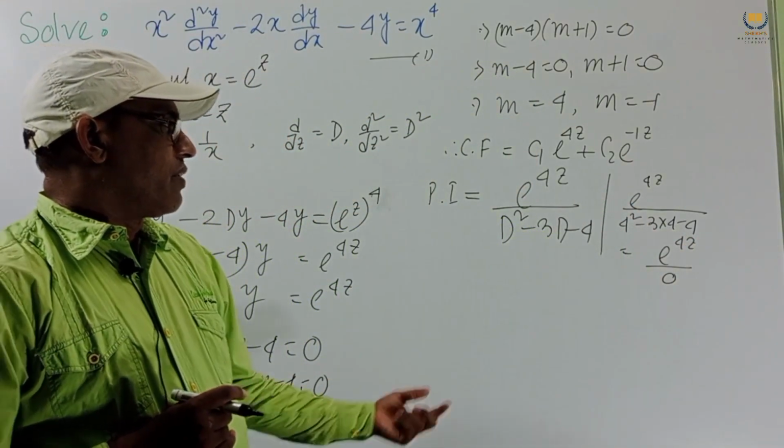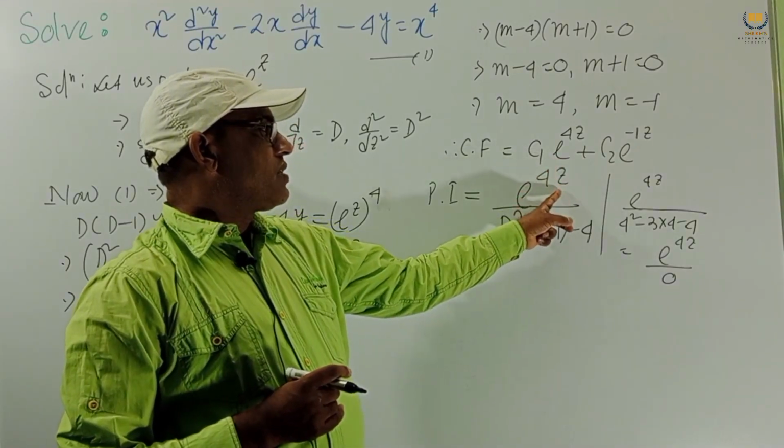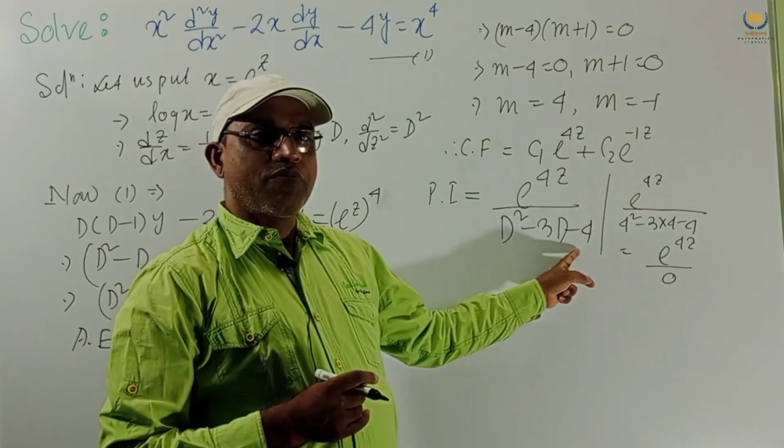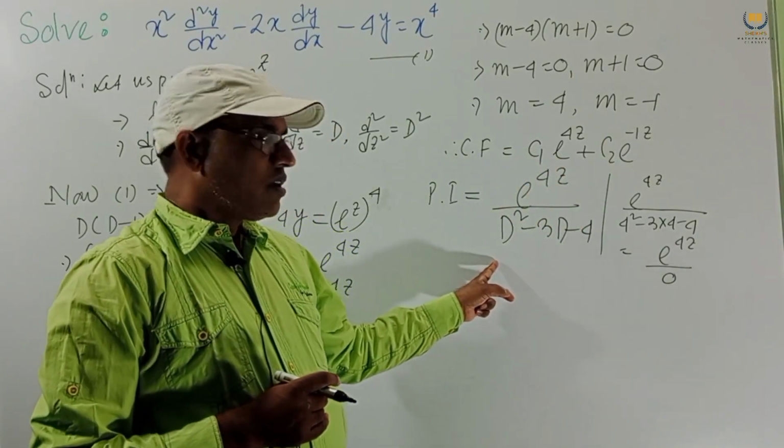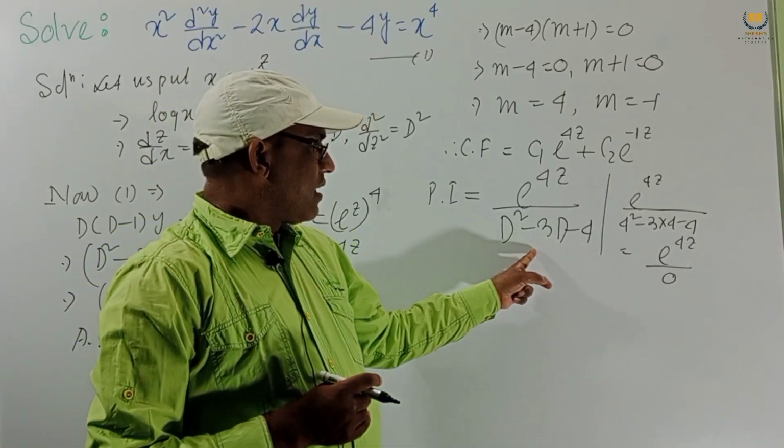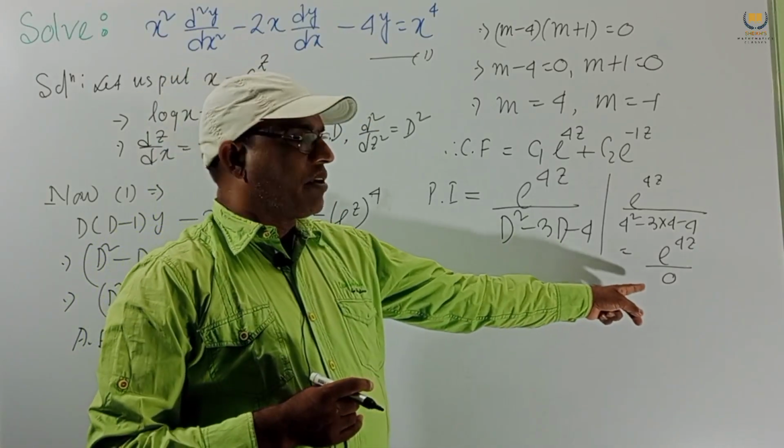We get 0 in the denominator. If we put the coefficient of z, 4, in place of D directly, by the rules of particular integral we get denominator 0.